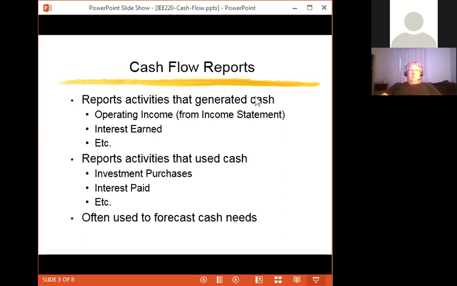So the cash flow report is used to help guide the management team, the financial team, through what could otherwise be problematic. If you decided, well, I'm going to spend $100,000 on new equipment so that I don't have to pay taxes, maybe that's not the best plan.